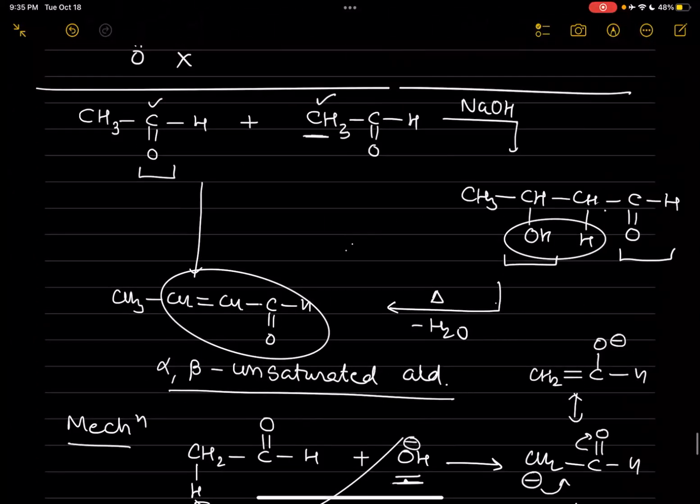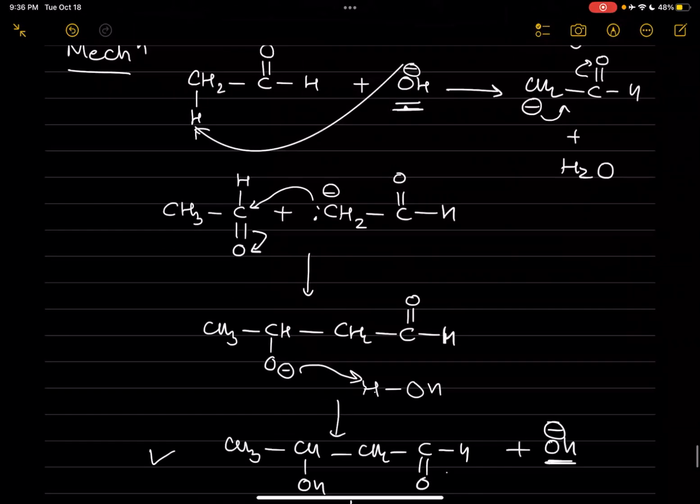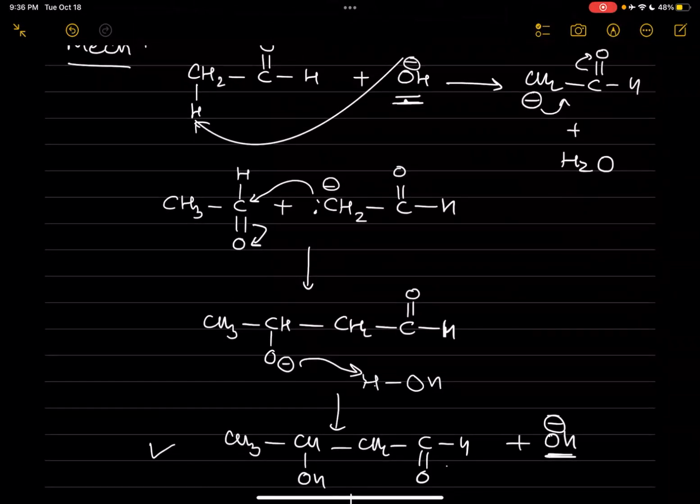So that was the reaction. This was the overall reaction. And the mechanism starts with the removal of H plus from the alpha hydrogen, and the carbanion formed is known as the enolate ion.